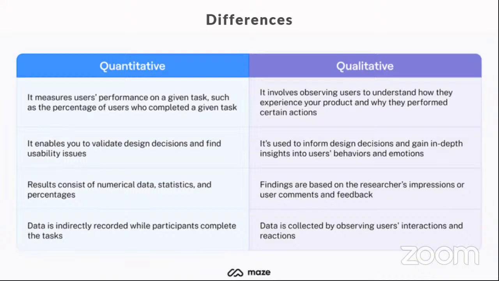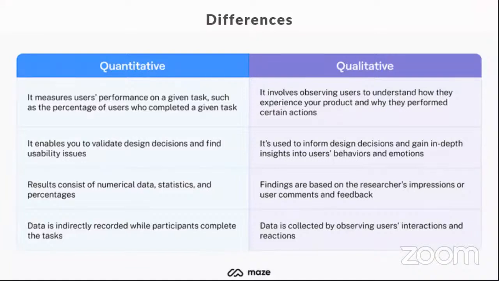So here's the thing. When you carry out qualitative, right, you're just trying to find out the why behind that action. What did the user do? Why did they do it? In quantitative, you will not be there. The user would have performed the task already. And it's just giving you measurements, like time on the task, success rate.